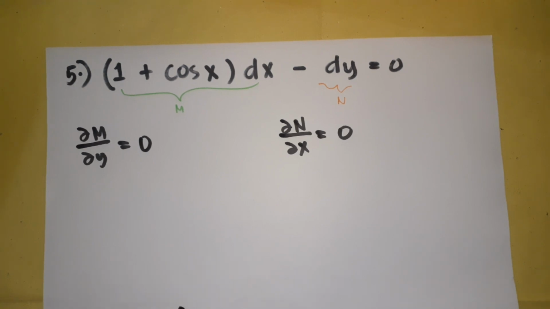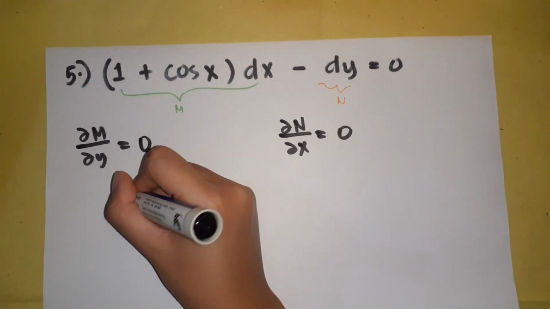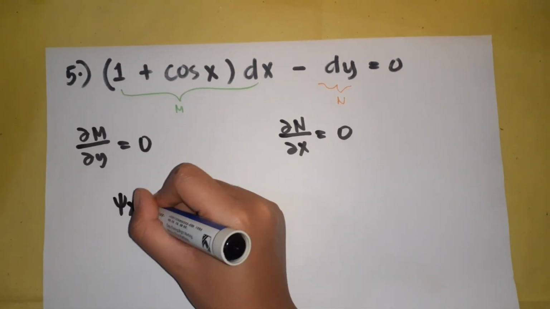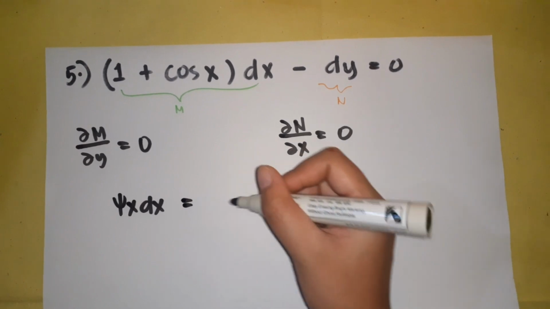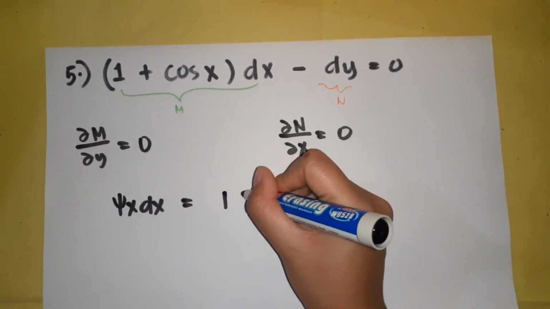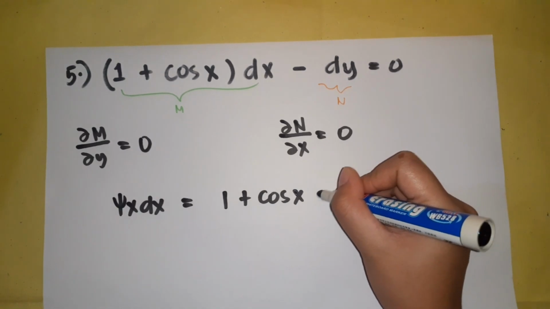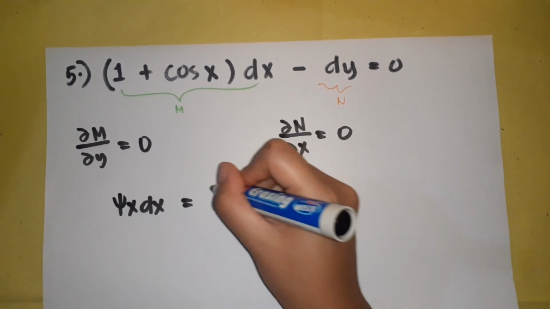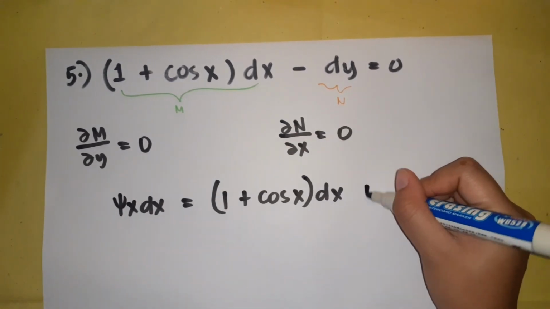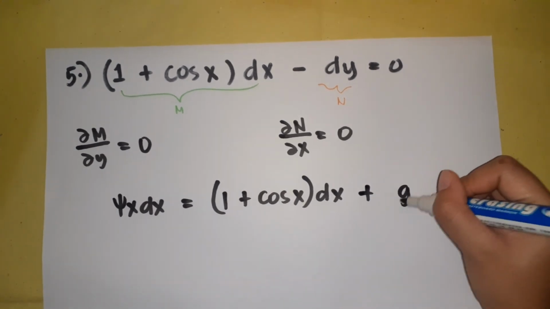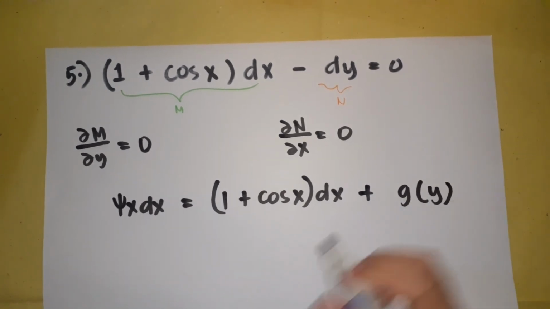Next, we will integrate our function M. Psi is the integral of M dx, which is (1 plus cosine x) dx, and add on a generic function in terms of y.